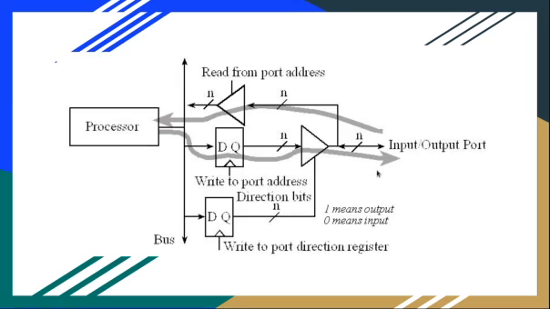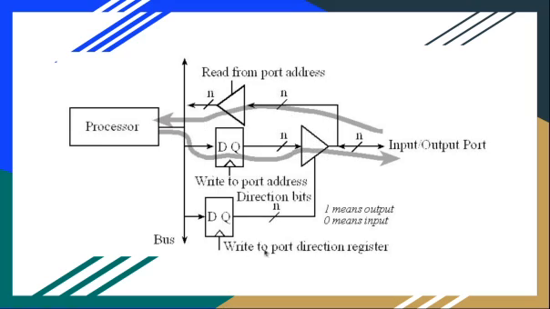Now to control this reconfigurable port, we need a direction register. Writing 0 to the direction register, which means input, this latch in here will control this pin, and this will control this whole logic.